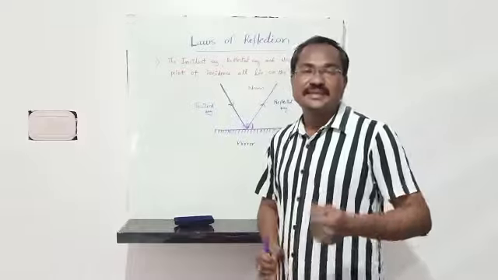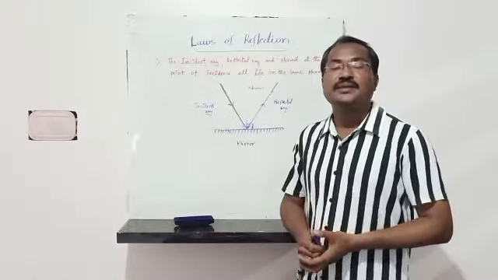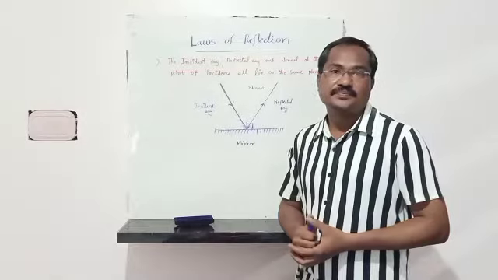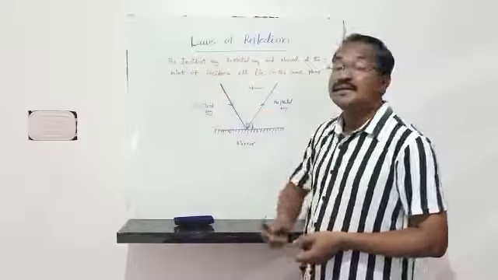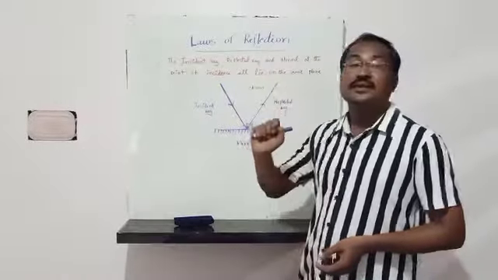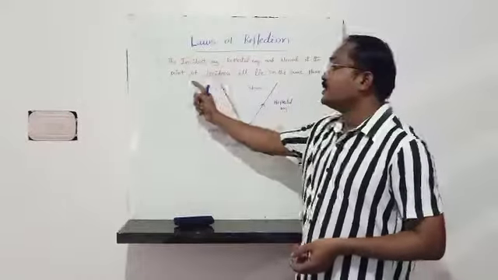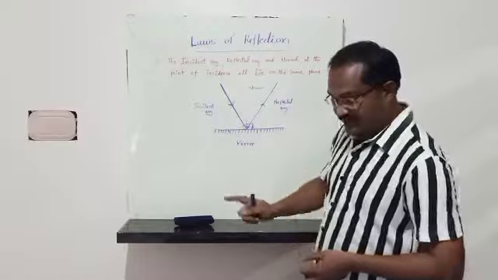Now we will discuss the laws of reflection. There are two laws of reflection. The first one is that the incidence ray, the reflected ray, and the normal at the point of incidence lie in the same plane.